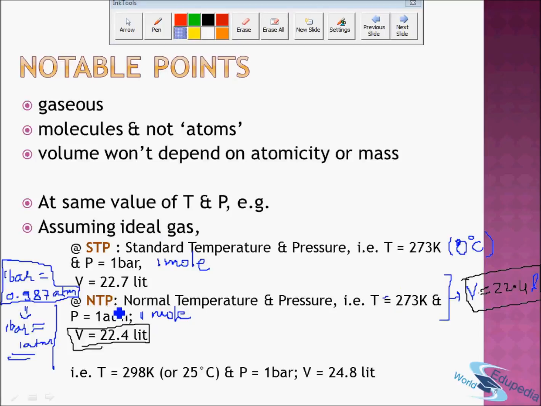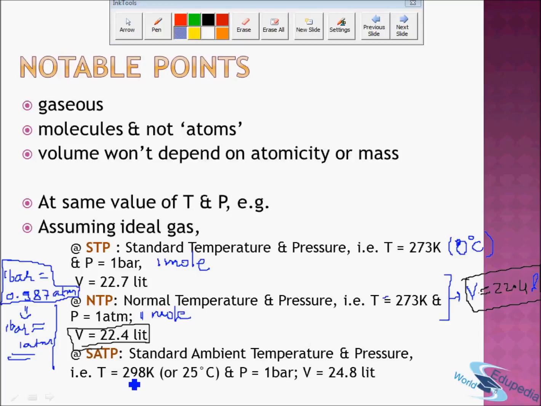For our calculations from now on, we'll consider this, but you have to remember the difference between STP and NTP. There is another standard condition called SATP, standard ambient temperature and pressure. Ambient means the temperature and pressure which is usually present in your surroundings. Ambient temperature is taken to be 25 degrees centigrade, that is 298 Kelvin.